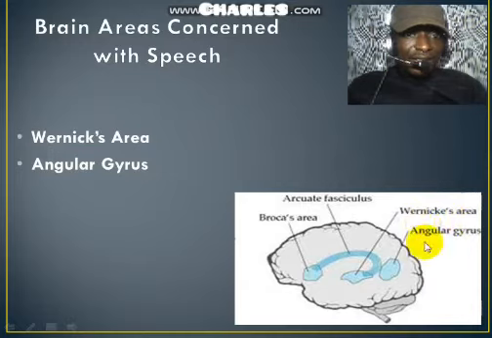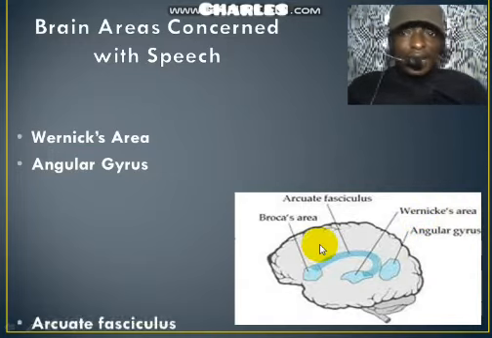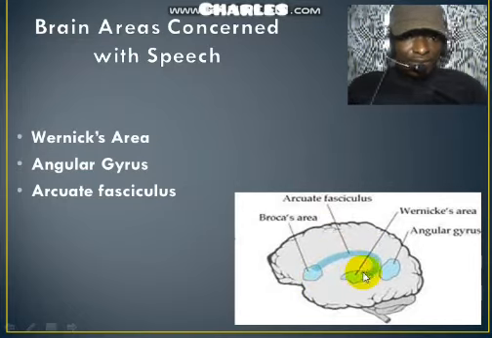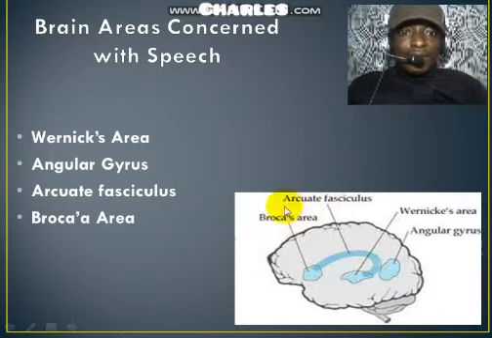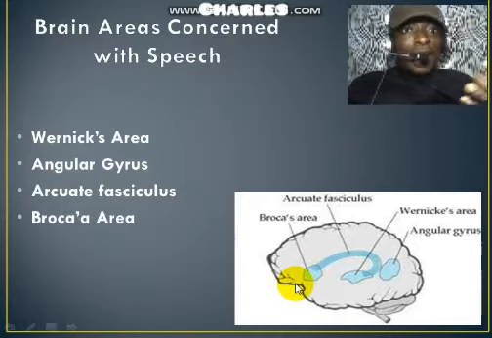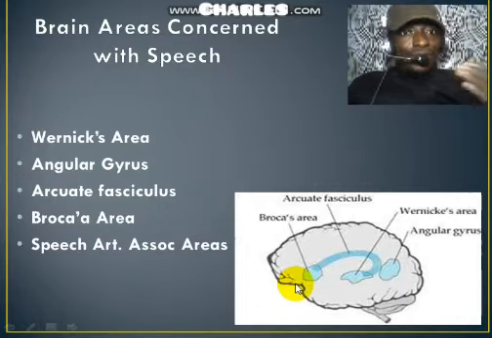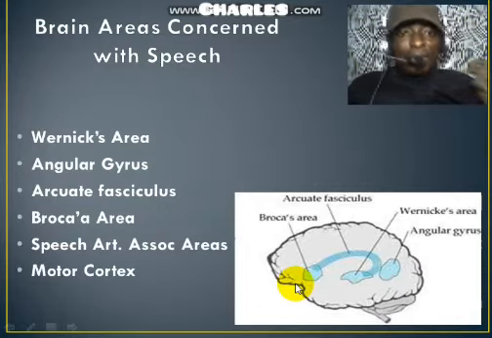This is the angular gyrus. Then we have the arcuate fasciculus. This area is the arcuate fasciculus. Okay. Then we have the Broca's area. This is the Broca's area. These are the primary structures that are involved in speech. Other structures include speech articulation, association areas, and then the motor cortex.